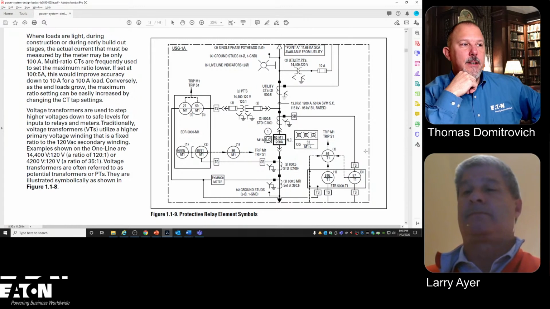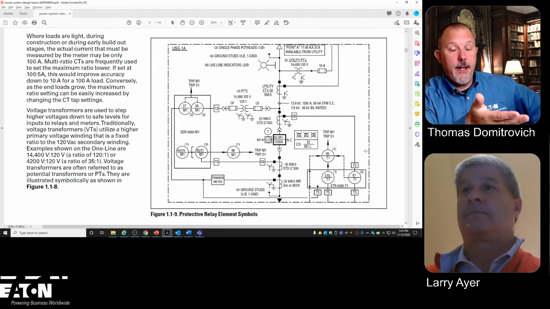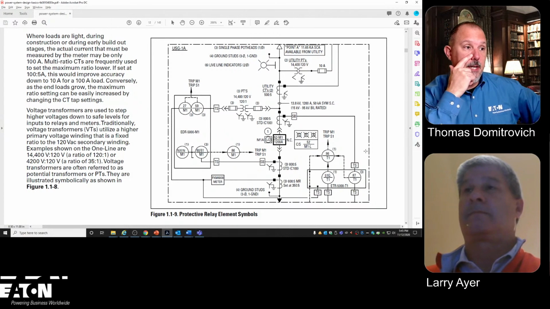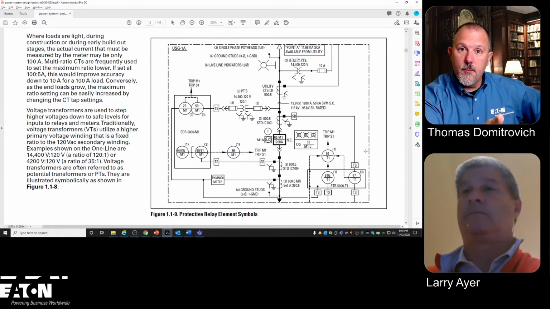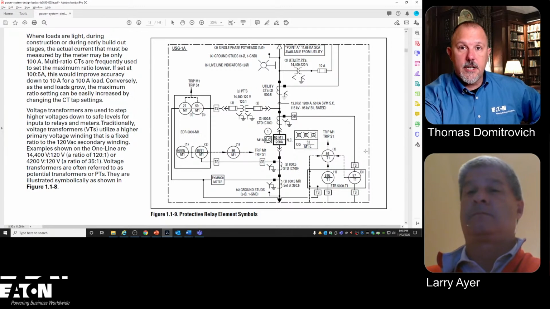Yeah, and if you're dealing with medium voltage in a campus environment, an electrical inspector is going to have to understand the current transformers and how the relays work and what these different symbols mean, to make sure that we're protecting the conductors and meeting the requirements in the NEC for protecting a conductor at its ampacity.